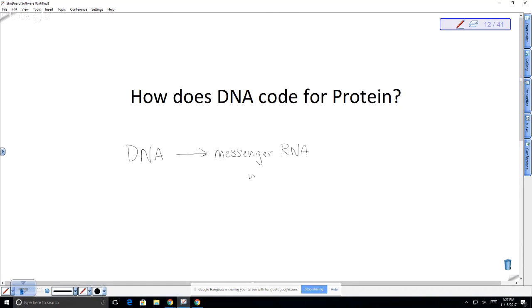This can be abbreviated as mRNA. This messenger RNA leaves the nucleus and goes out to the cytoplasm and binds to a ribosome. And then it is translated into protein.